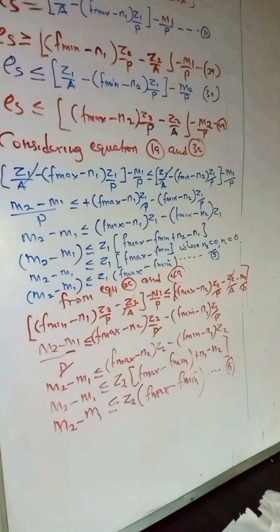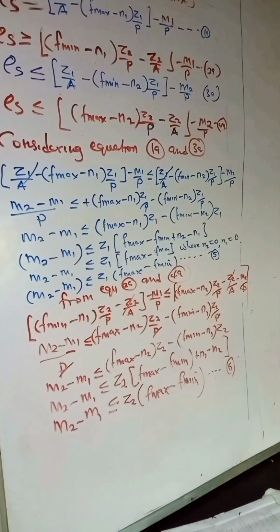The next we are going to do 1 and 2, and we'll do 2 and 3, equation 2 and equation 3. And once we do equation 2 and 3, we equally do equation 1 and 4.